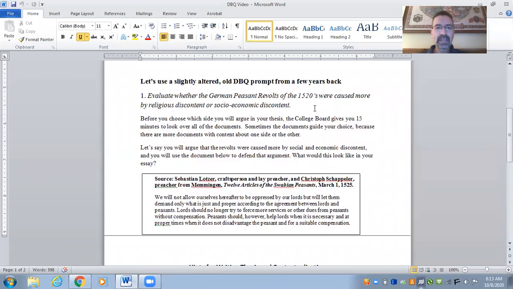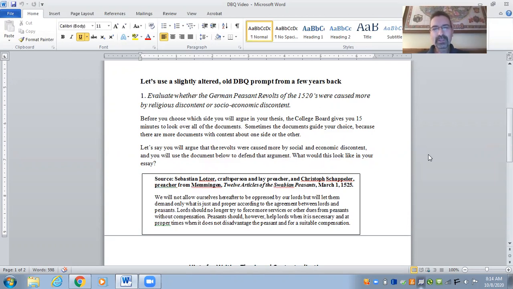His 95 Theses and then his conflict with the church taught people who were of lower rank that they didn't have to simply just take what was going on, that they could rise up and try to change what was going on. Now, according to Luther, these people were mistaken in thinking that this is supposed to be a social revolution, but still, he was the inspiration for them to rise up at a specific time. So someplace in your context should mention that.